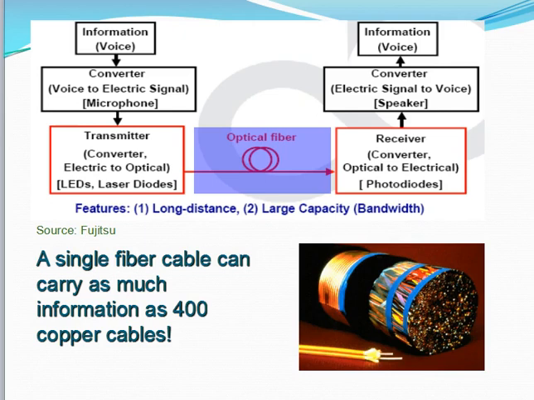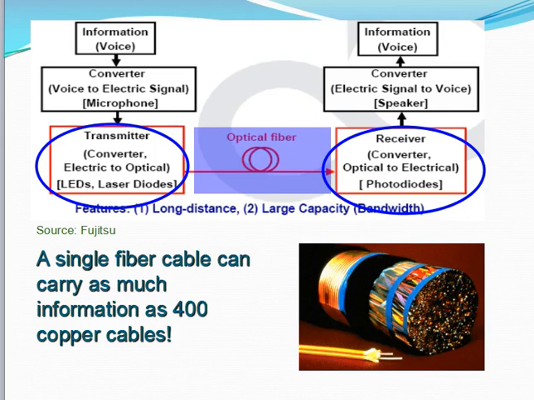The transmitter is actually a converter for electric signal to optical signal, so that it will be carried through the fiber optic. And at the other end we have what we call a receiver. This receiver will convert back the optical signal to the electrical signals, so that it will be deciphered into feasible information.